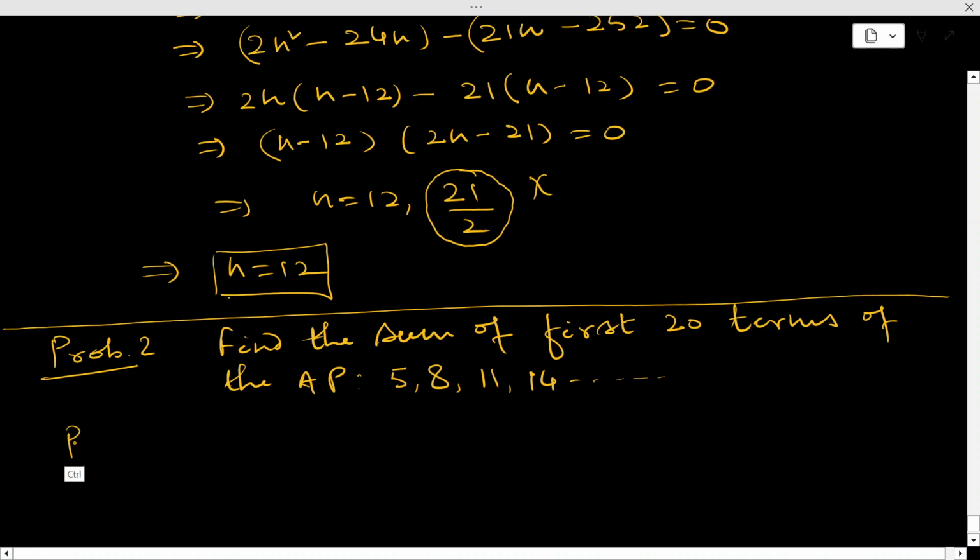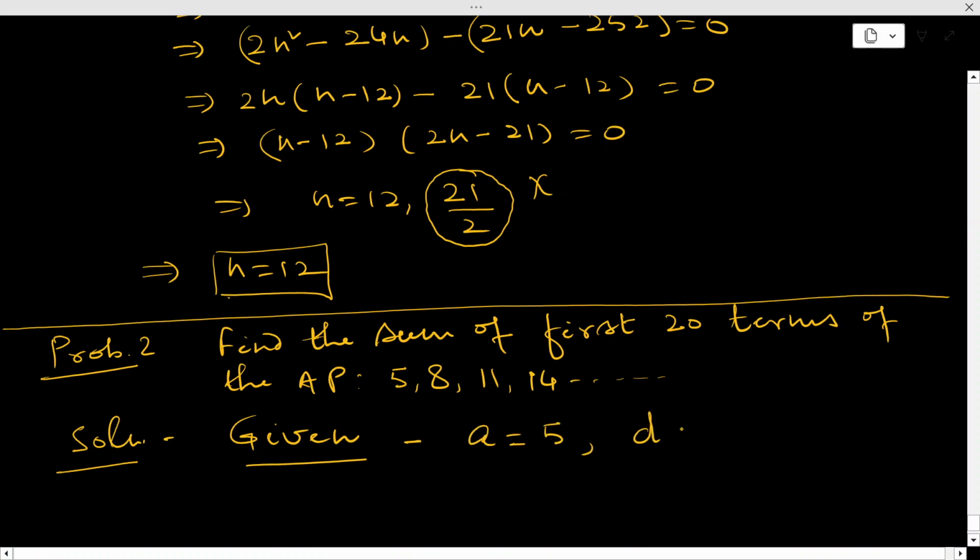So now let us discuss the solution of this problem. Again we first note down what is given to us. We are given a is equal to 5, and we can easily find out d by subtracting 5 from 8, so this is coming out 3.